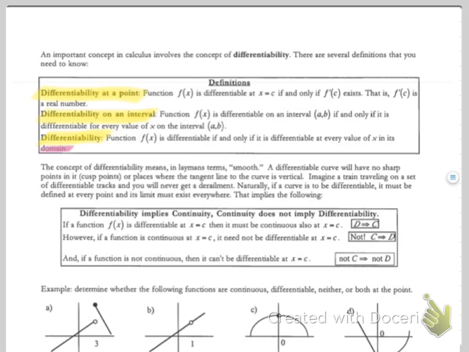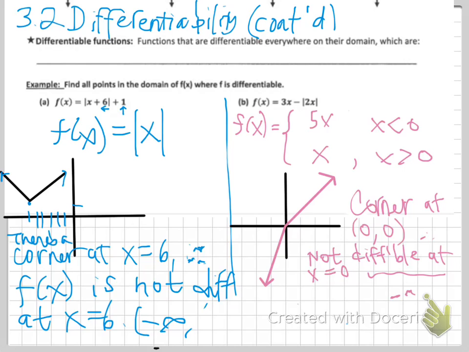But quite often, just like in our previous slide, this piece is differentiable, this piece is differentiable, but right there at the junction, it's not differentiable. Oh yeah, right, because we have a corner. Again, this is differentiable over here, but this was not differentiable. Okay, so that often happens with piecewise functions.